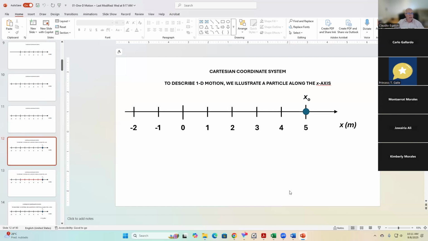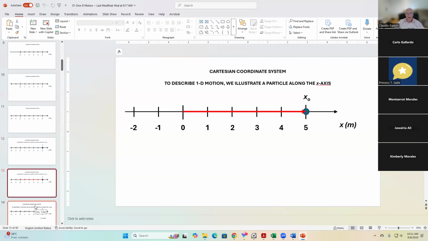Because the position of the object is a vector, we can also denote it as an arrow that goes from the origin to the point where the object is located. That's how vectors are denoted graphically.